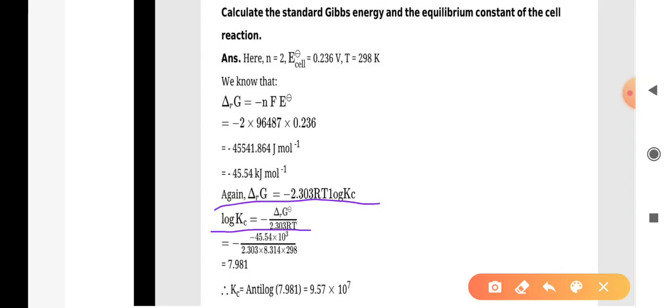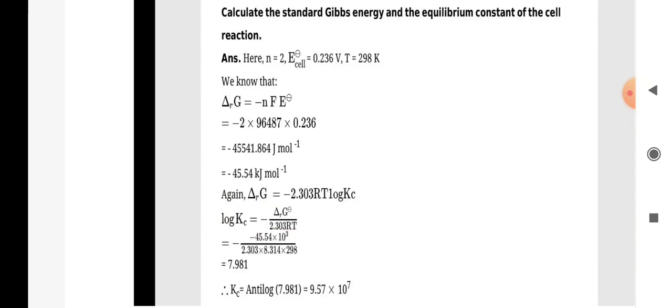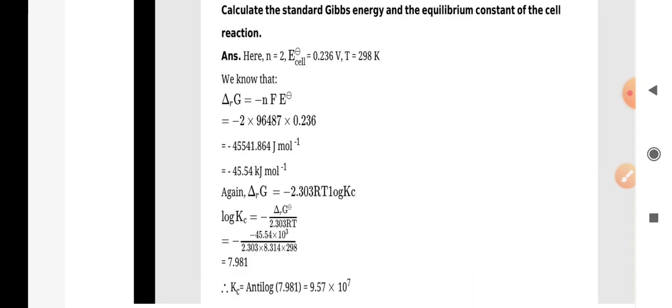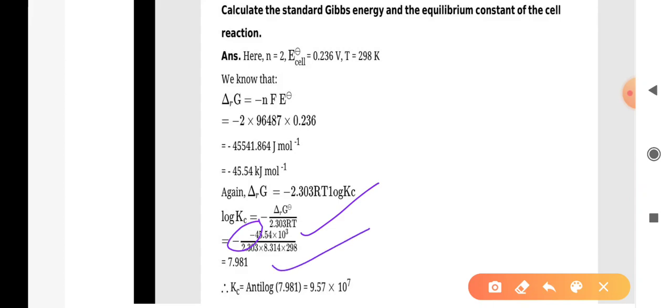Then delta G we have already calculated, and this is in negative and this sign is also negative, so both negative and negative, this will become positive, and value of delta G, 2.303 RT. So when we solve this we get this much. So this is the value of log Kc.